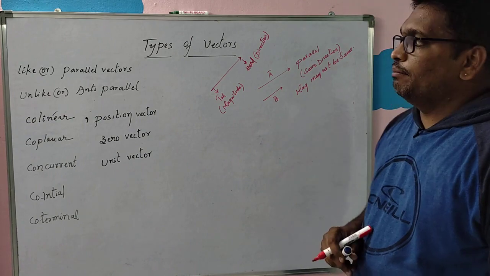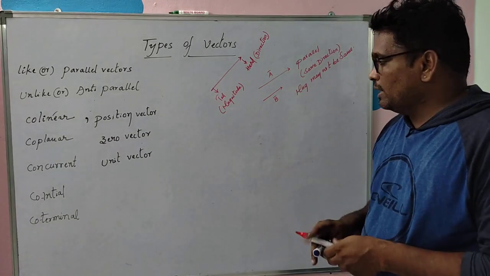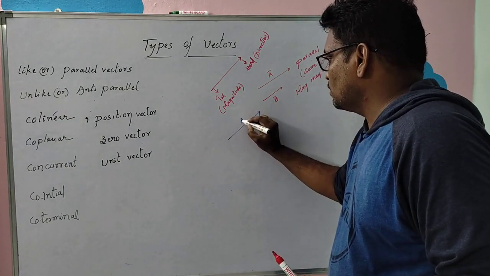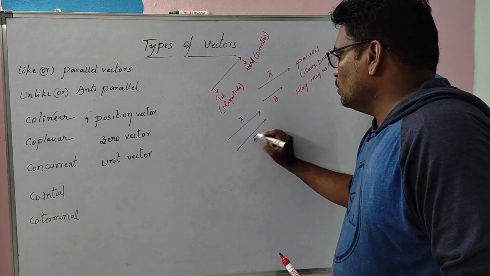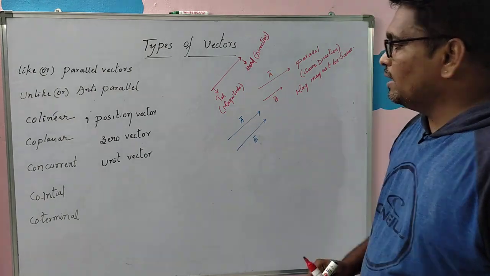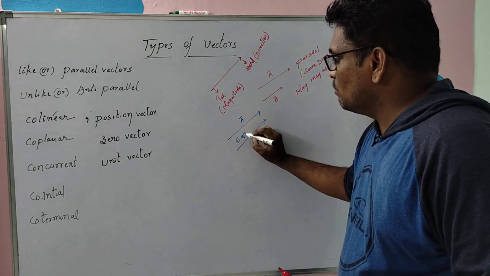What if their magnitude is equal? For example, say this is vector A and this is vector B. Both vectors have the same direction and equal magnitude. Such vectors are called equal vectors.